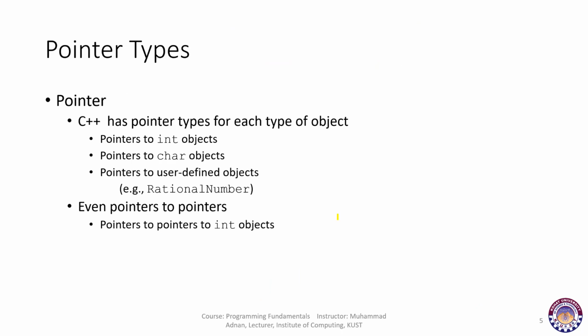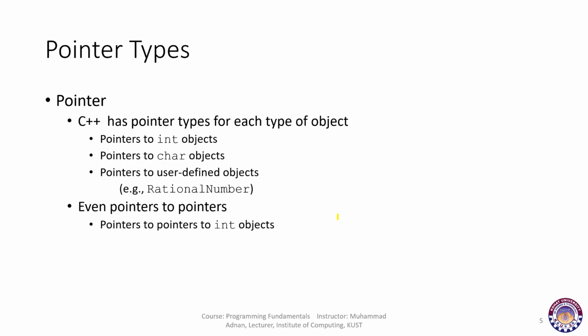There are different types of pointers. C++ has pointer types for each type of object: pointers to integer objects, pointers to character objects, pointers to user-defined objects such as rational numbers, even pointers to pointers to integer objects.